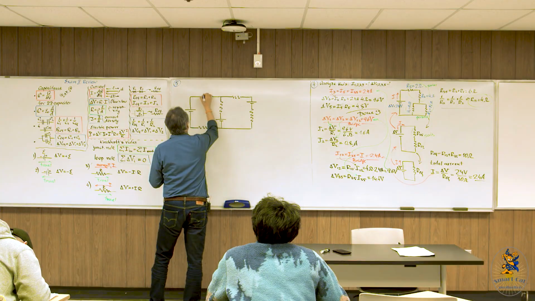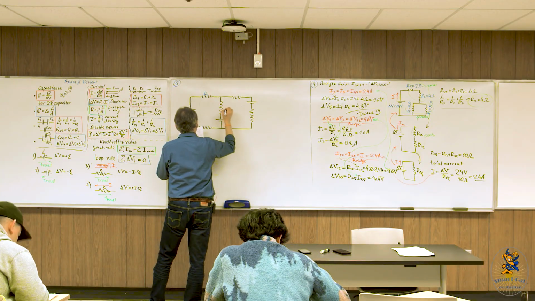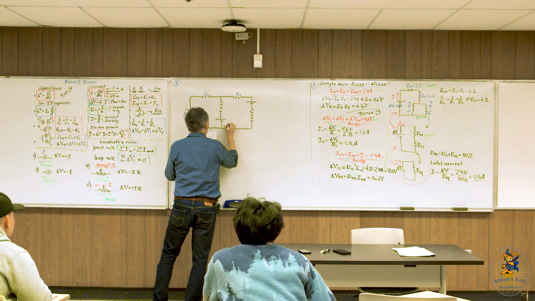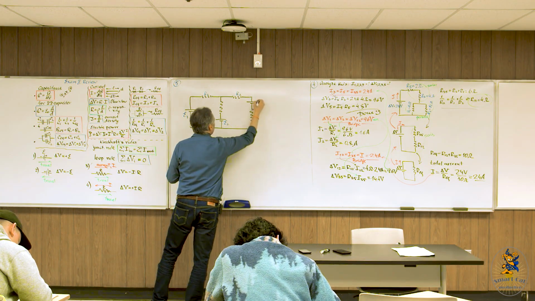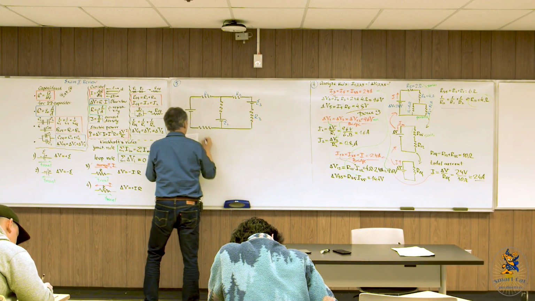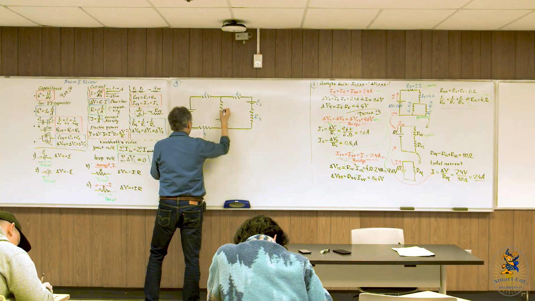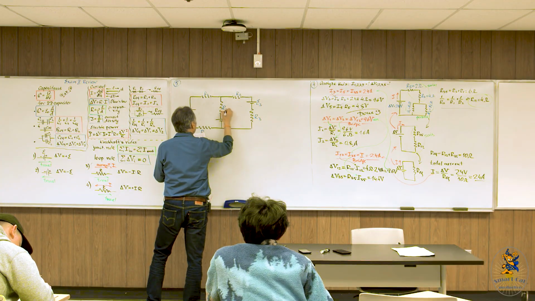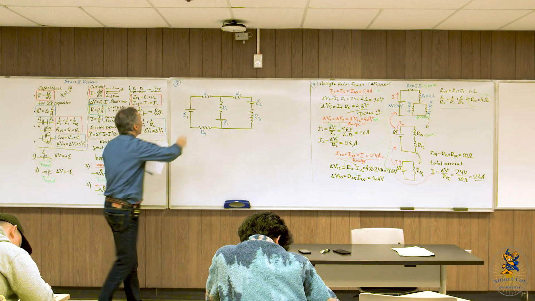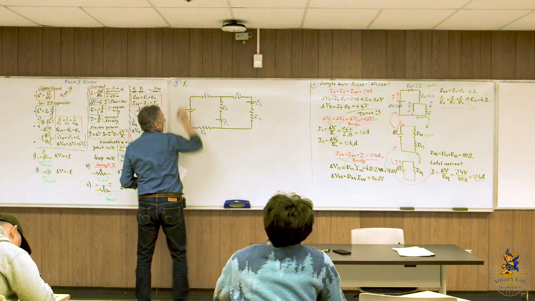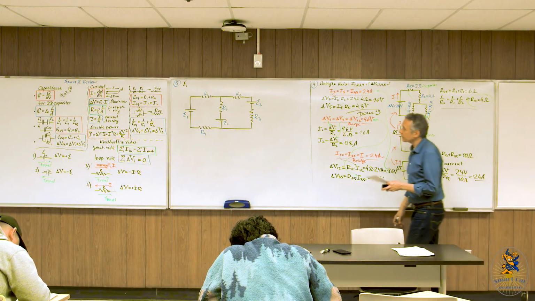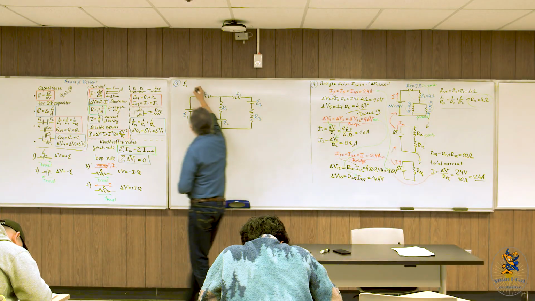EMF 1, then this will be R1, then R2. This is EMF 2, EMF 3, R3, R4, and this will be R5. Okay, now let me give you numbers. Let me step away from this. So the first battery is 3 volts.